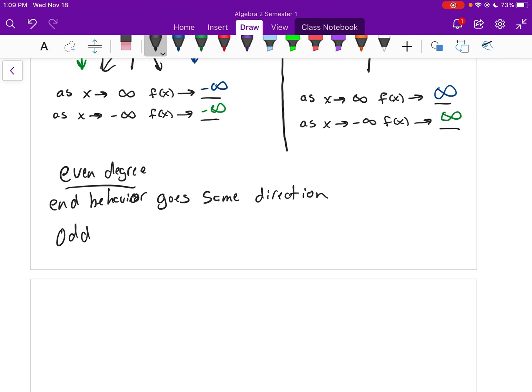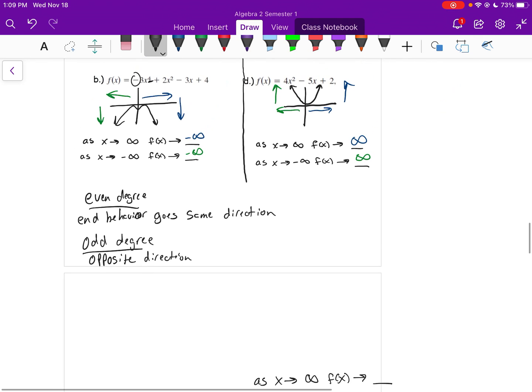Odd degree, opposite direction. Then from there you got to look at that leading coefficient. If it's positive, then you got to think of it like a positive slope line, or if it's an even degree, then it's opening upwards. Negative for even degrees, both are going down. Odd degree, it's like a negative sloped line.